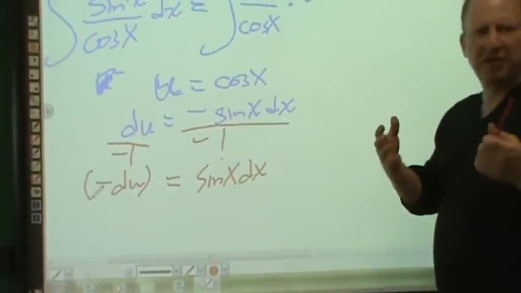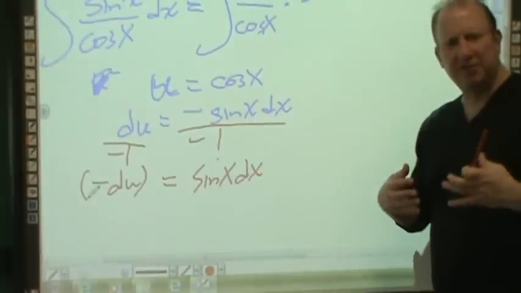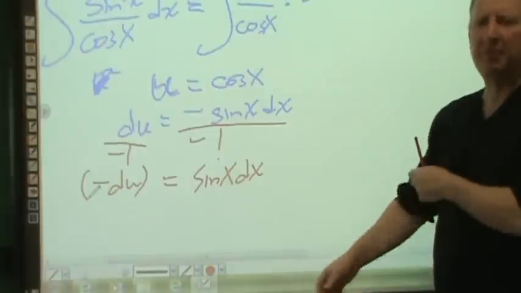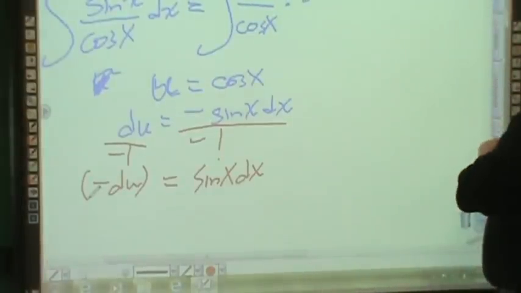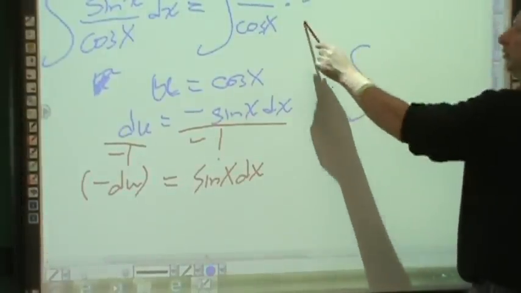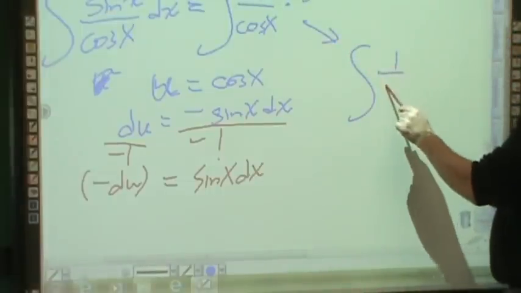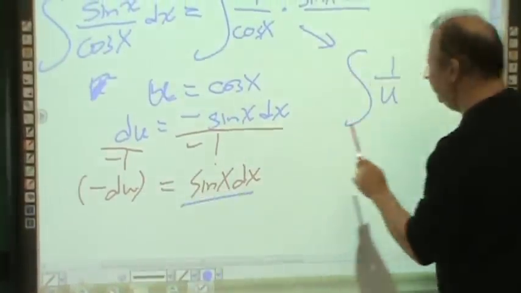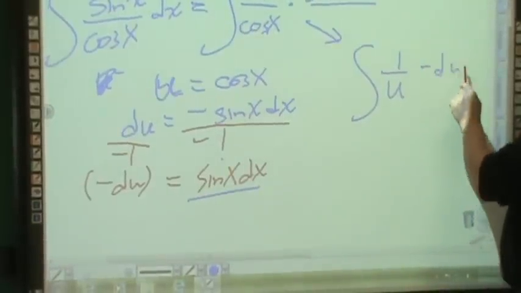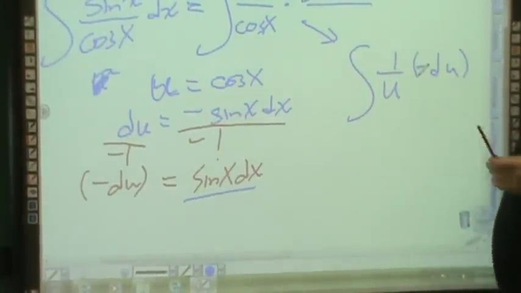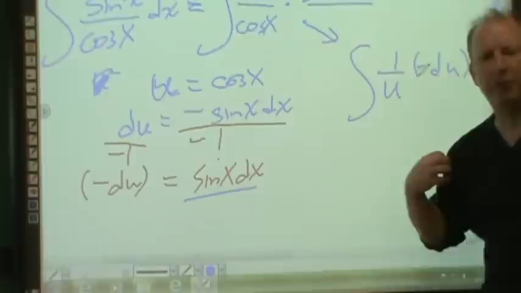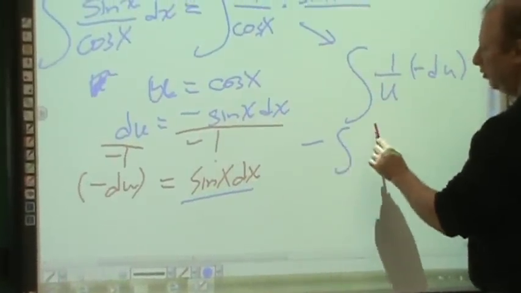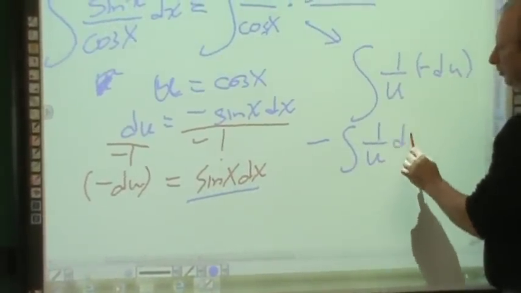Now what I'm going to do is, again, integration by substitution. I'm substituting in the information I know, and then I'm going to integrate. So look what I'm left with: 1 over u, sine x dx is right here, negative du. But wait a second, do I have a constant? Yes, I pull out that constant all over again: negative integral of 1 over u du.